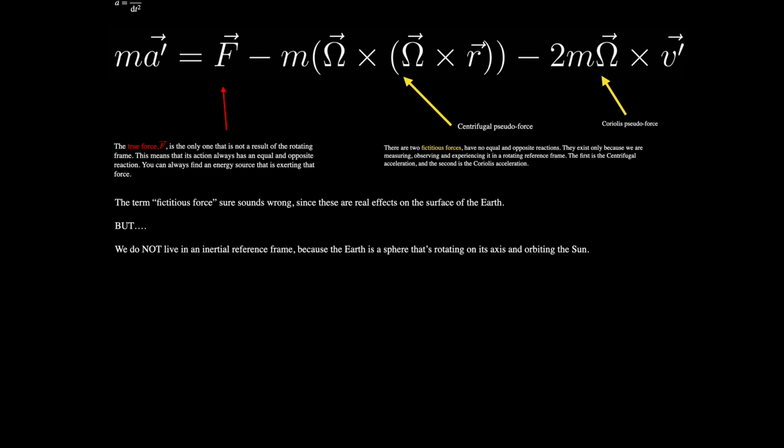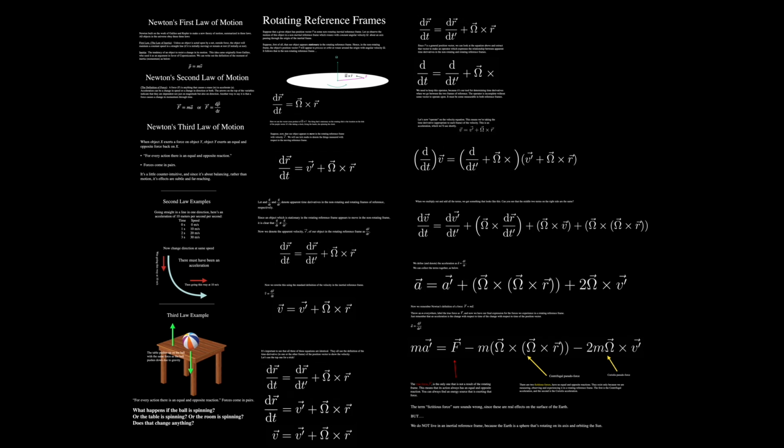Anyway, this is the transformation of Newton's laws into a rotating reference frame, where the rotation is simply due to a constant rotation. Newton's laws of motion apply to this, but that's why we call those things pseudo forces or fictitious forces, because they're only the result of a rotating reference frame. We'll use these things in the future when we talk about the Foucault pendulum and Lagrange points and so forth. So there you go.